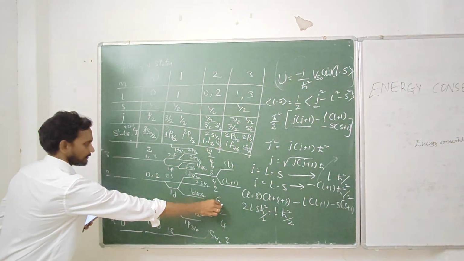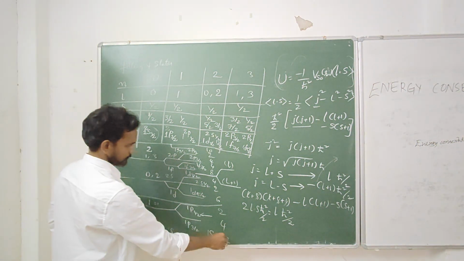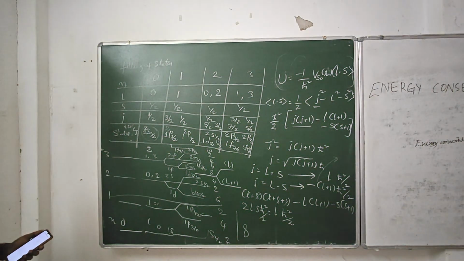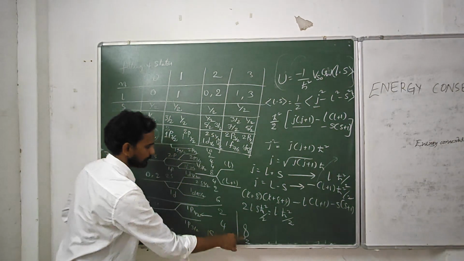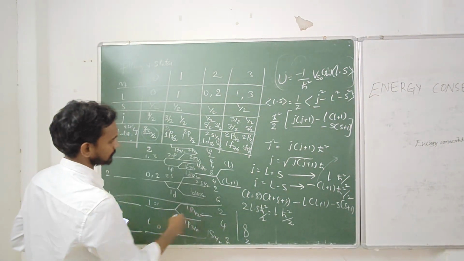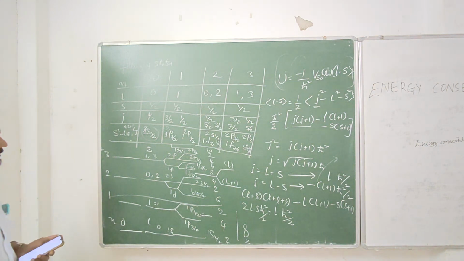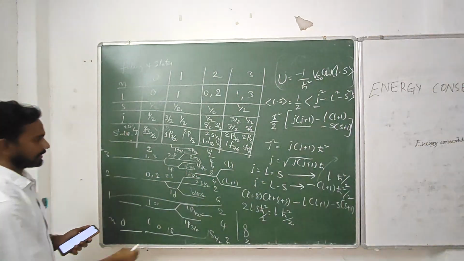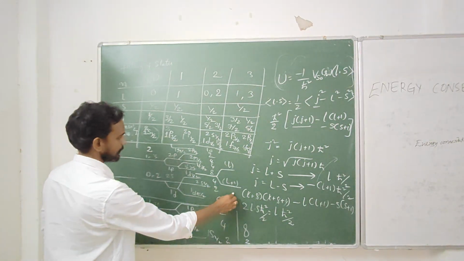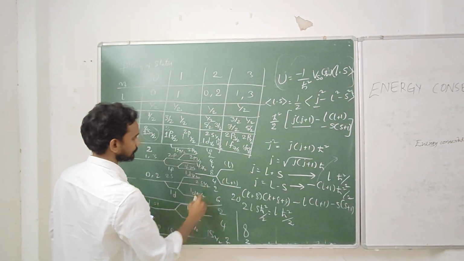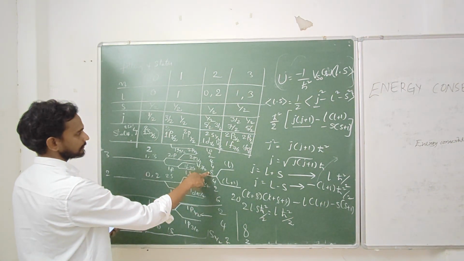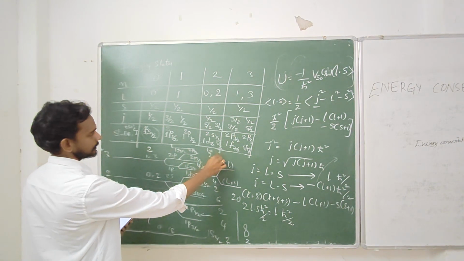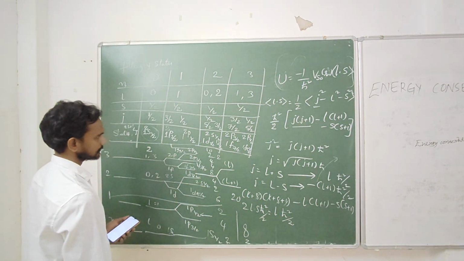So up to first level 8, for 0 and 1, so 2 is a 0th level, and up to first level total occupation is 8, and for second level 6 plus 6, 12 will add up, so you will have 20, and for next level 28 will add up.